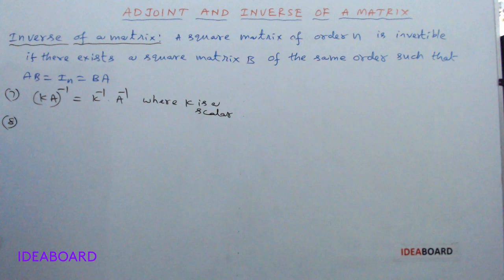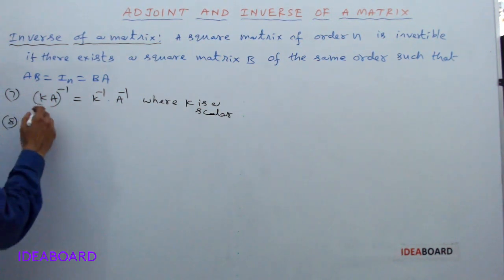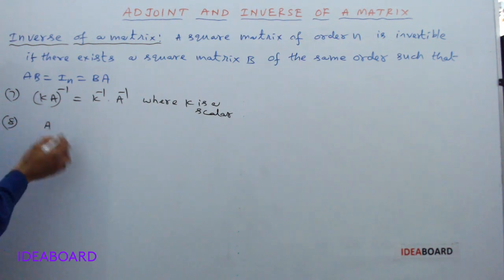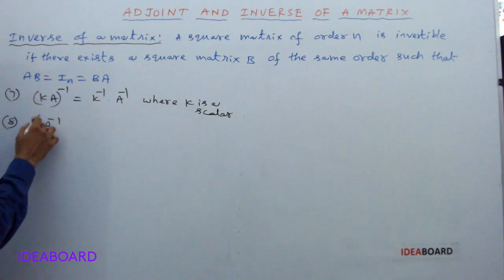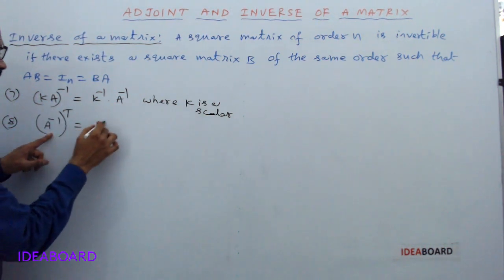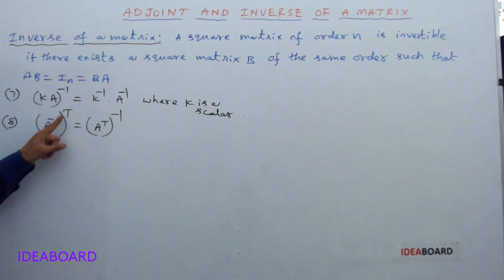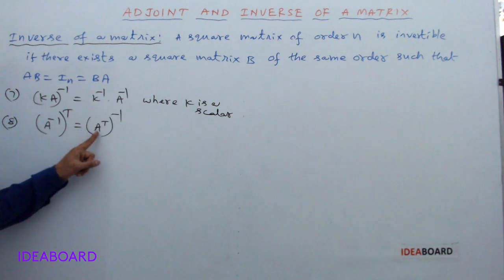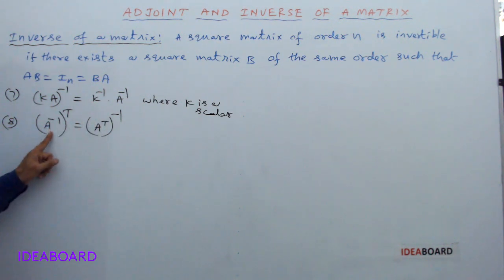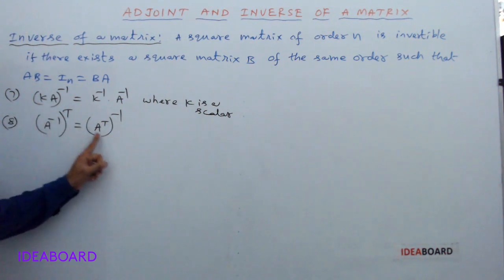Next, if A is invertible and A transpose is also invertible, then A inverse whole transpose is always equal to A transpose whole inverse. This property is valid.